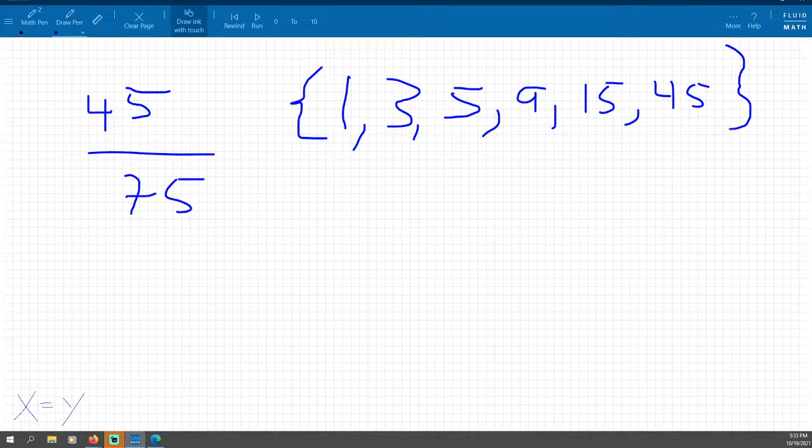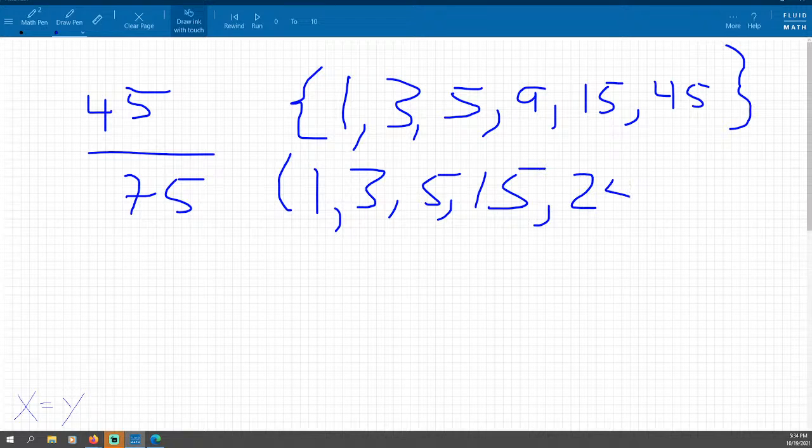Now the factors of 75 are 1. 3 also goes into 75. 5 goes into 75. I don't believe 6 does. Nope. 7 does not. 8 does not. 9 doesn't. 10, 11, 12, 13. So 15, I believe, is the next one.